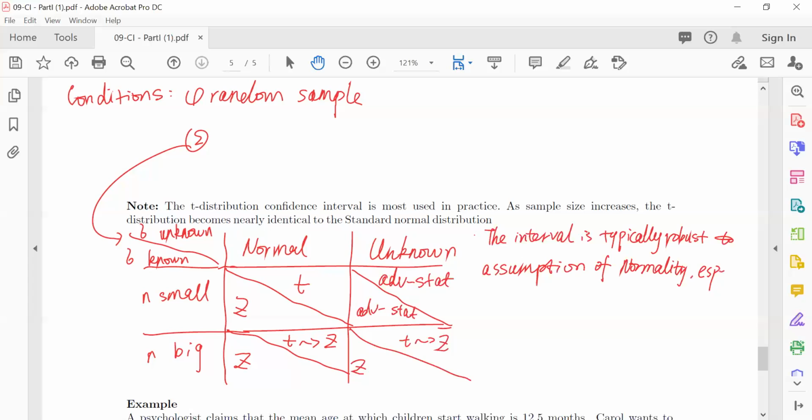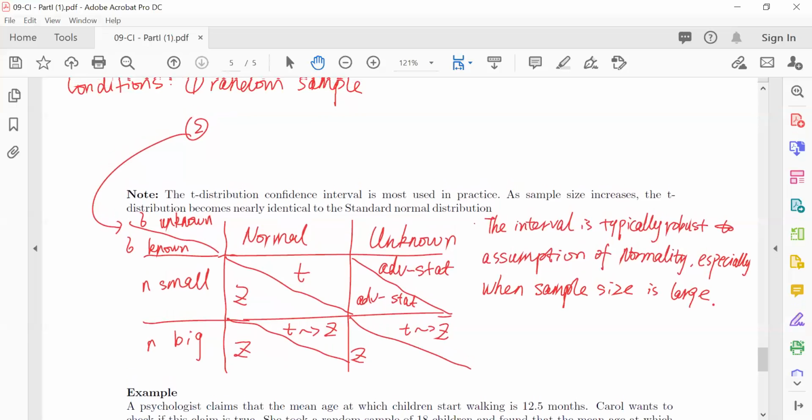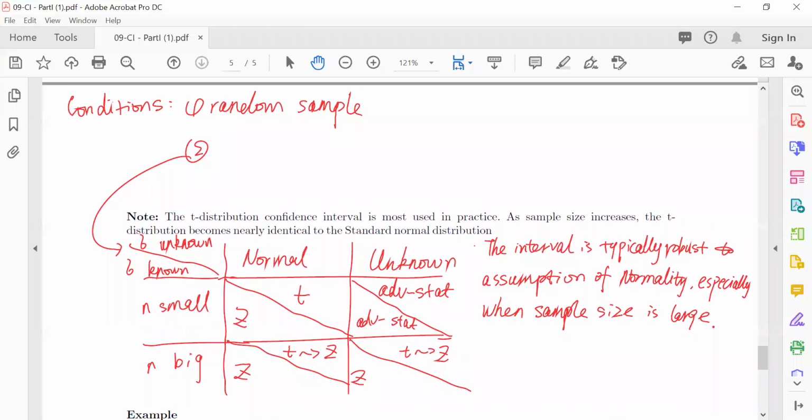Even though your population distribution is not exactly normal, as long as it's not highly skewed and your sample size is large enough, you're probably going to be okay. So the interval is typically robust to the assumption of normality, especially when your sample size is large. So this is what I try to summarize here.